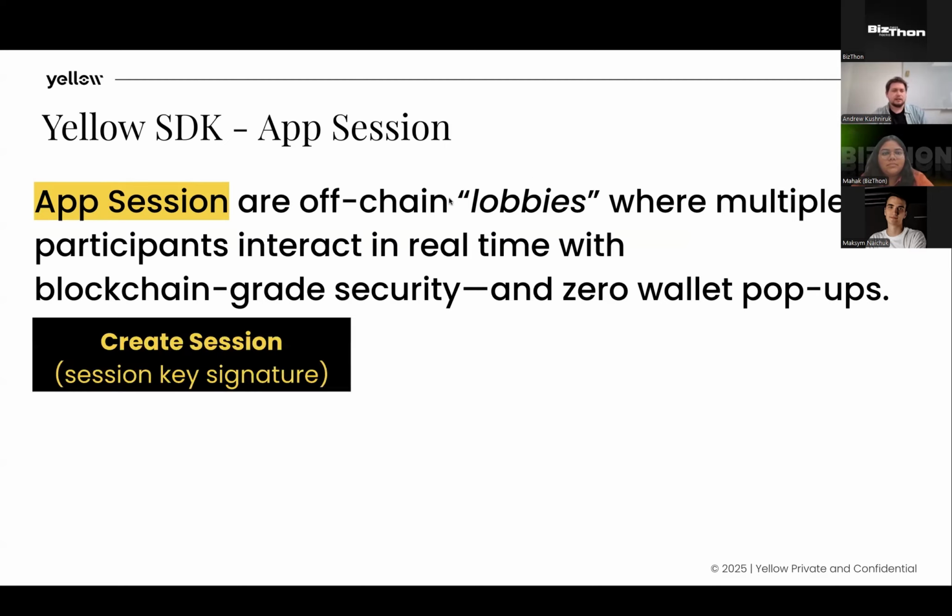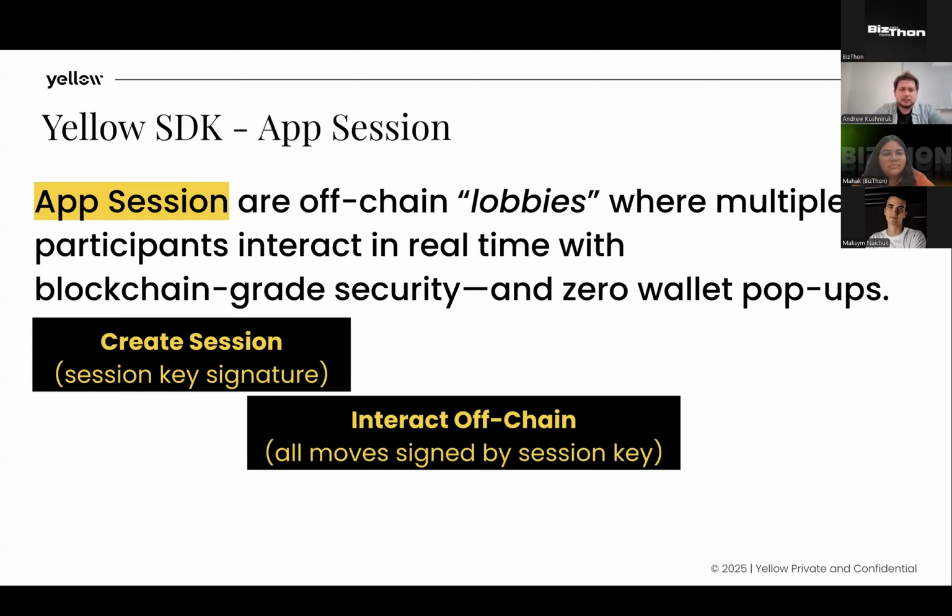What's the life cycle? First is to create the app session. When you create the application session, you ask each participant to sign the rules of this lobby. After that, when the session is established, everyone can interact off-chain.